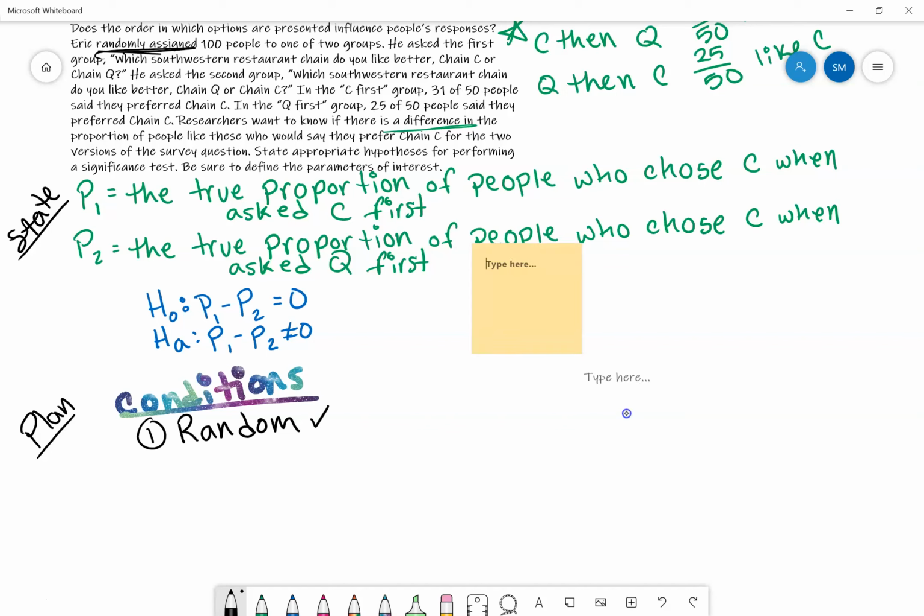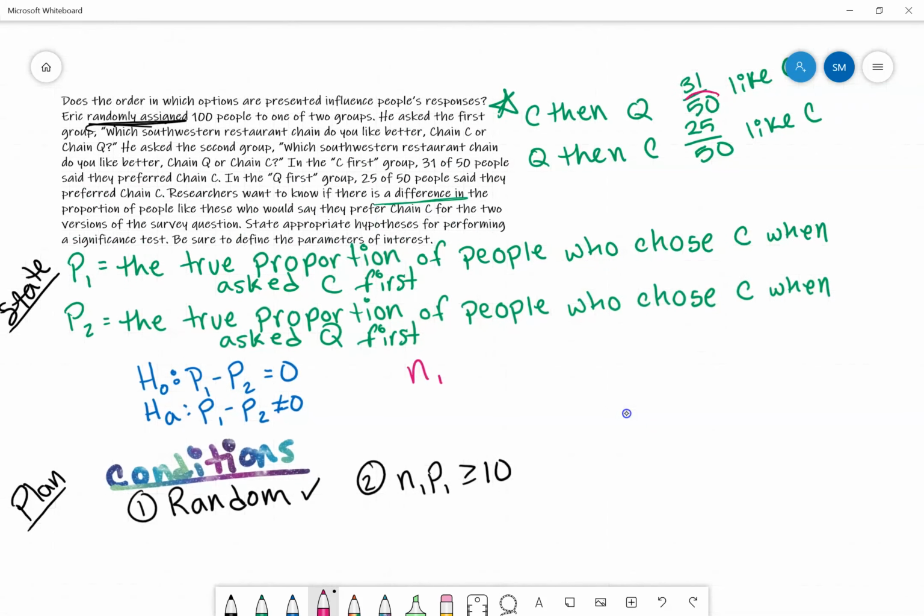So the second thing that we need to do is check n sub 1 times p hat sub 1 greater than or equal to 10. Let's figure this out. So n sub 1, our sample size for the first group, if you look right here where I wrote it, this number right here is your sample size. So n sub 1 equals 50.